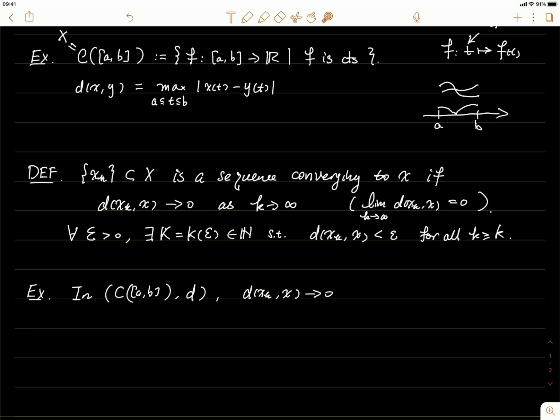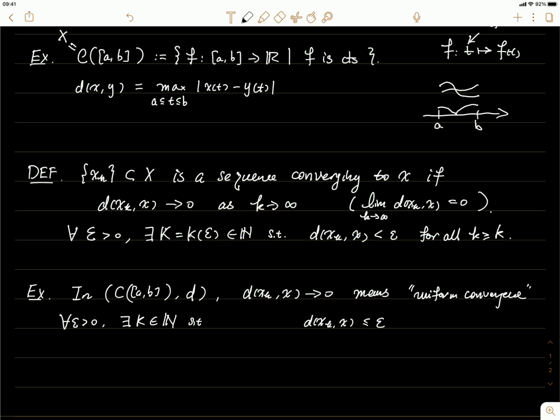And by that, what do we mean? If we follow this definition, we'll be able to see that this is the uniform convergence that we learn in analysis. Because for any epsilon, there exists a capital K such that the distance between xk and x is less than or equal to epsilon.